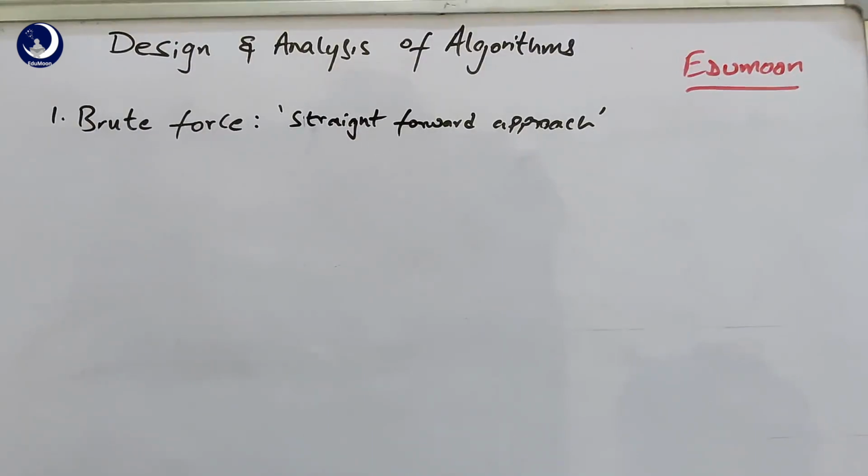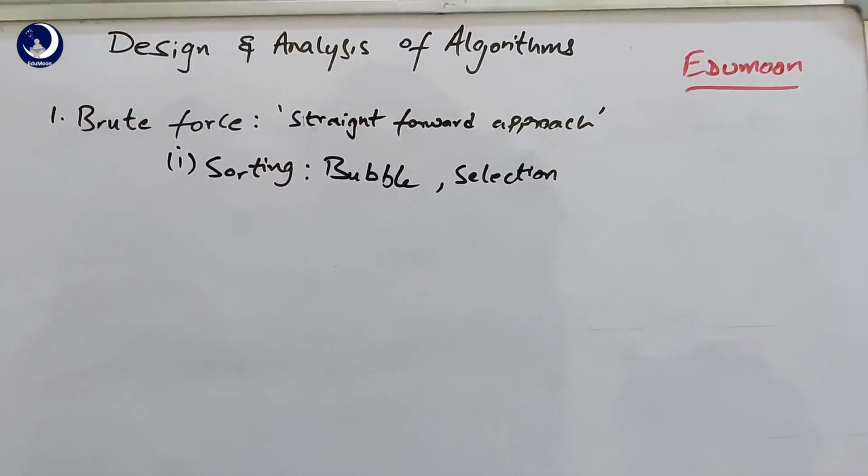The examples from the brute force technique are: first, sorting, where we discuss the two sorting techniques that we already studied in data structures, that are bubble sort and selection sort. Coming to the searching techniques, we have linear search, also called sequential search, and then the string matching algorithm, which is brute force string matching.